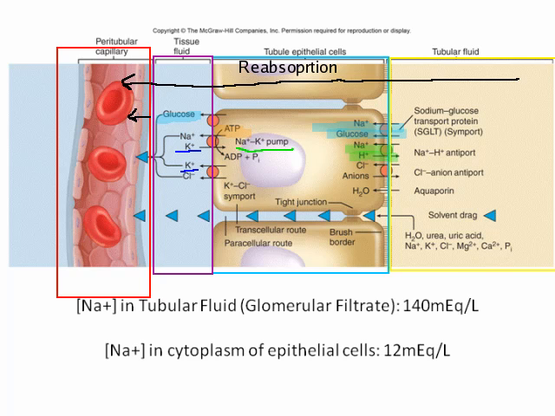Potassium and chloride are following sodium out. What does potassium chloride equal? Potassium chloride equals salt. What does sodium chloride equal? Sodium chloride equals salt.